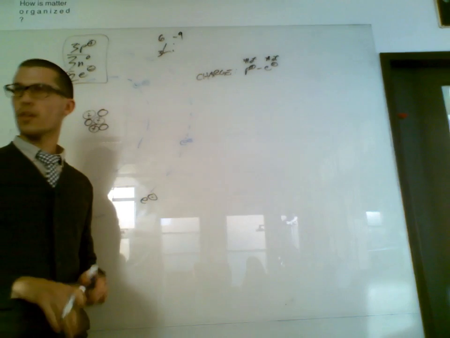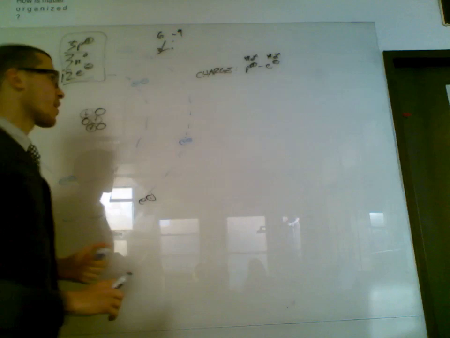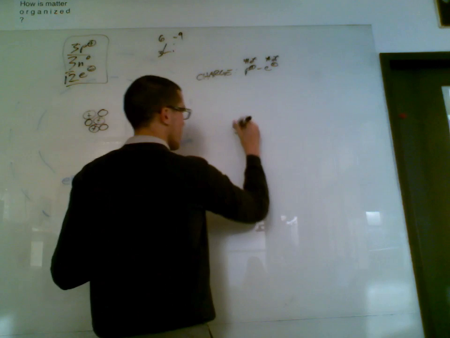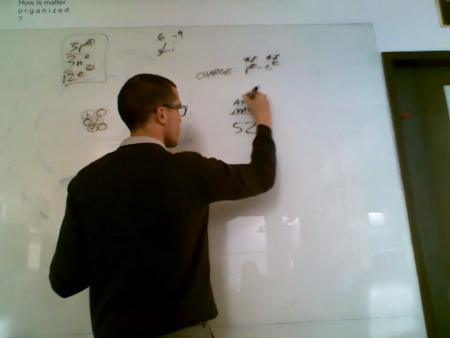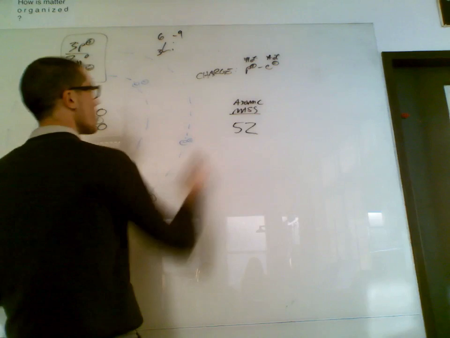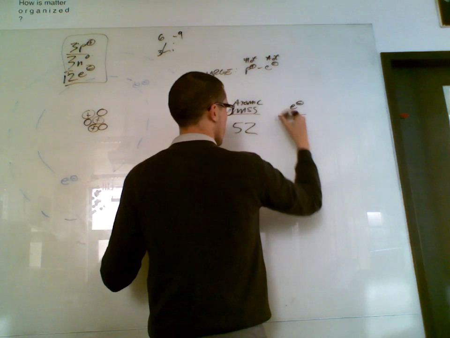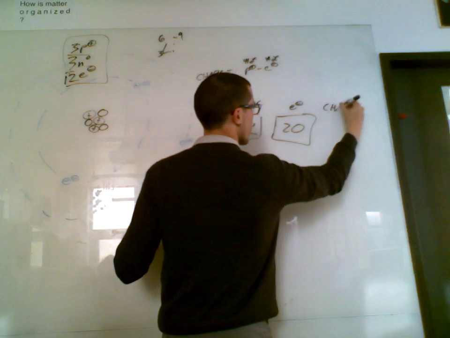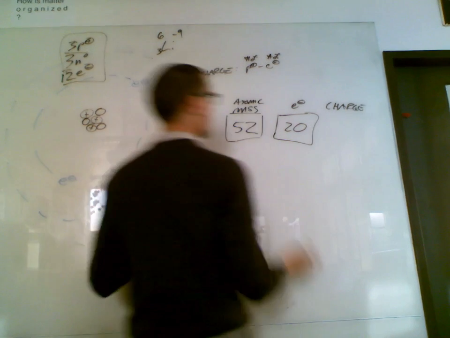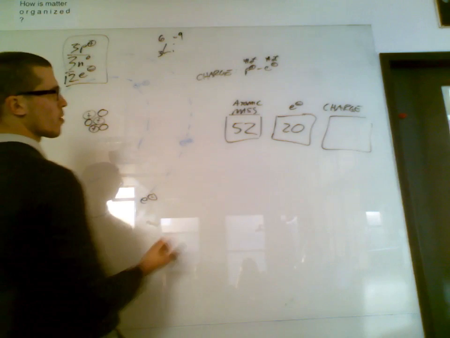Now, some weird problems I might ask are things like, if I give you the overall mass, the atomic mass, let's say it's like 52, the mass number of the atom, and let's say the number of electrons is 20.